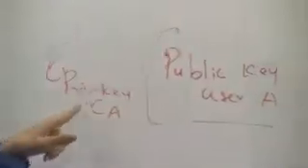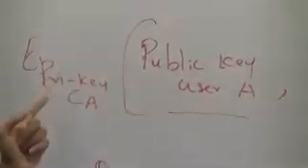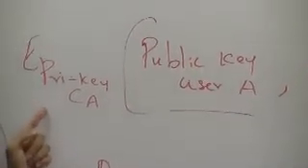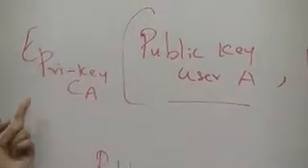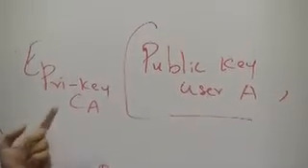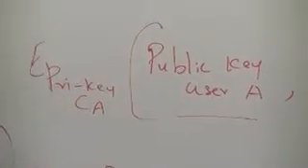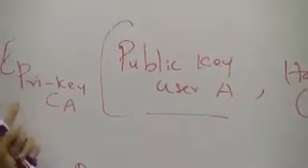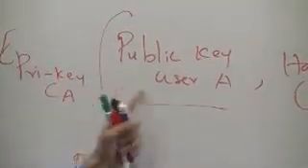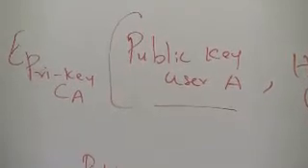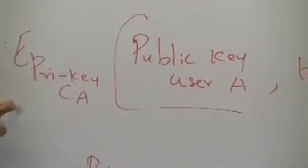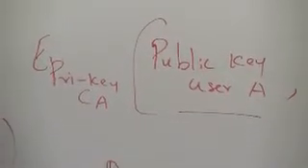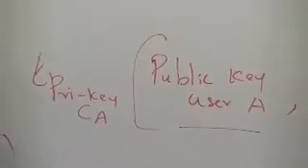It is public key encryption. So if you encrypt with the private key of the certifying authority, you need to decrypt with what? The public key. And you know the public key of the certifying authority. So this is like a signature. Someone is notarizing you. The CA, certifying authority, is notarizing the public key of the user. Because the private key of the certifying authority is known only to that person, nobody else can notarize or vouch for that public key.